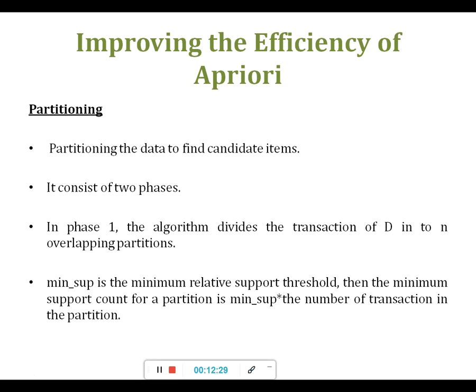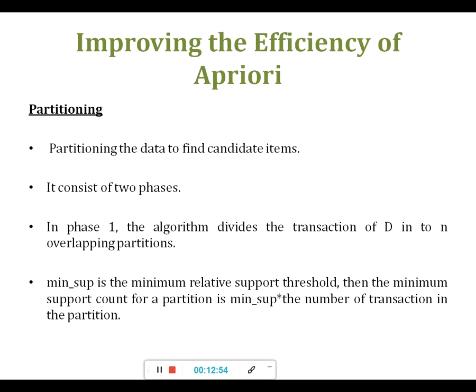Partitioning the data: we do this partitioning to find our candidate item sets. This partitioning consists of two phases. In phase 1, the algorithm divides the transactions of data set D into overlapping partitions.